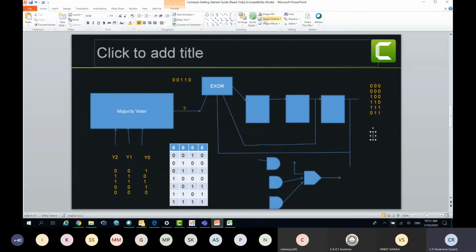So that is the faulty output. Okay. So what will be the fault simulation?